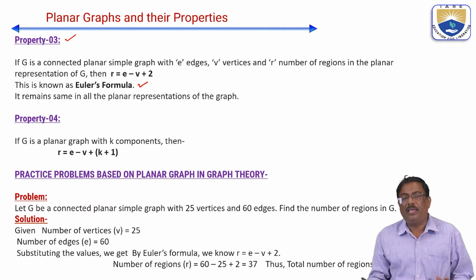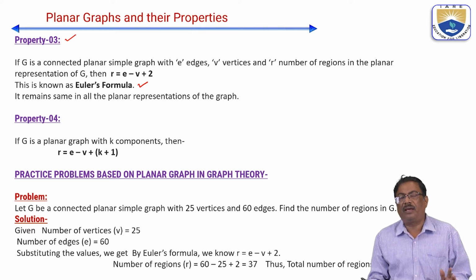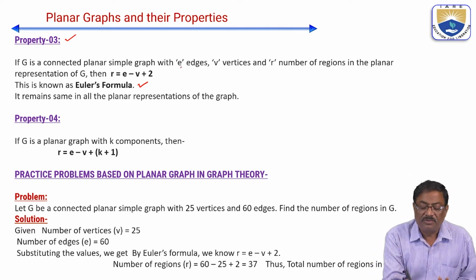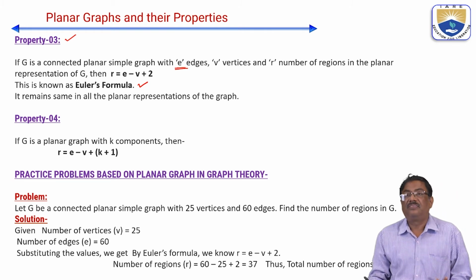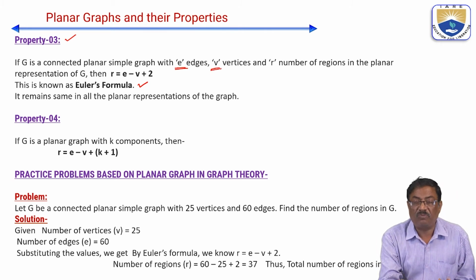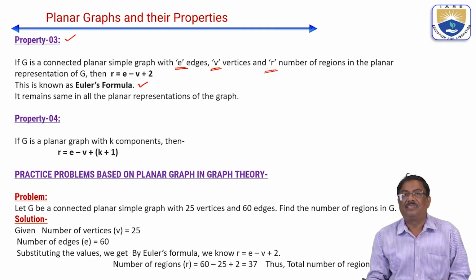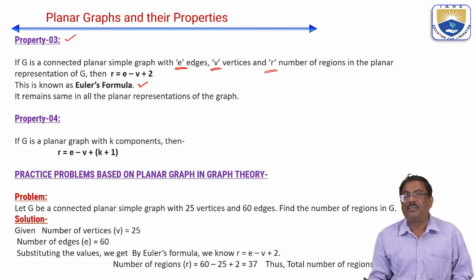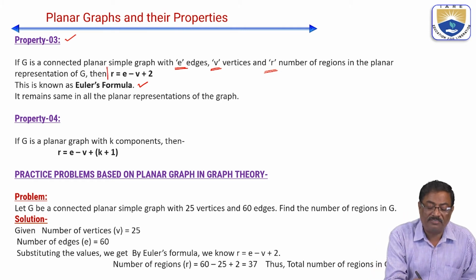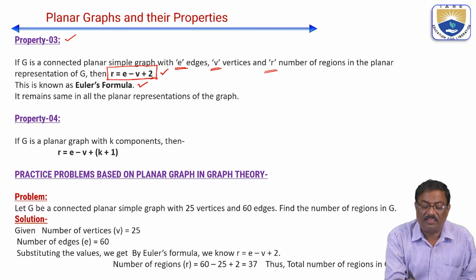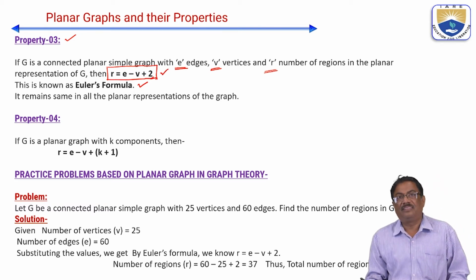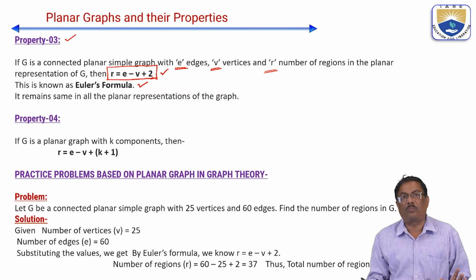Let us consider G a connected planar simple graph with E edges and V vertices, and it will generate R regions. Then the relationship between the number of regions, number of vertices and number of edges is known as Euler's formula.